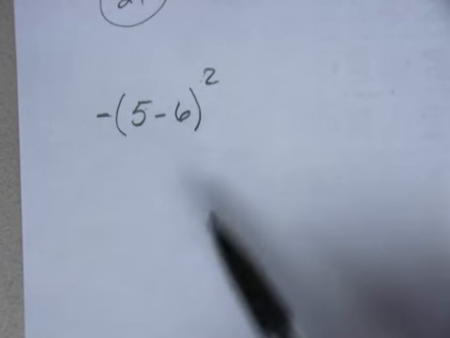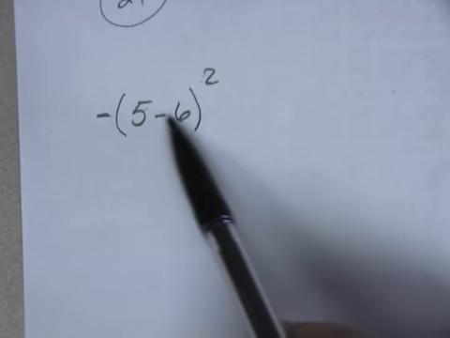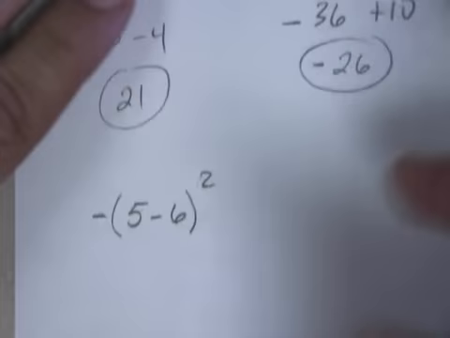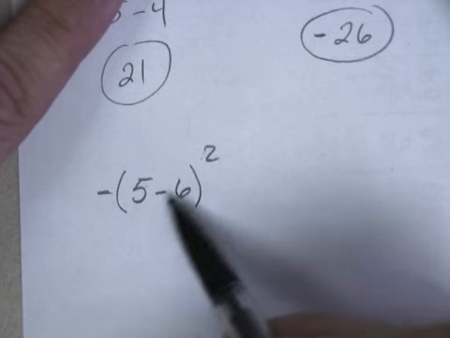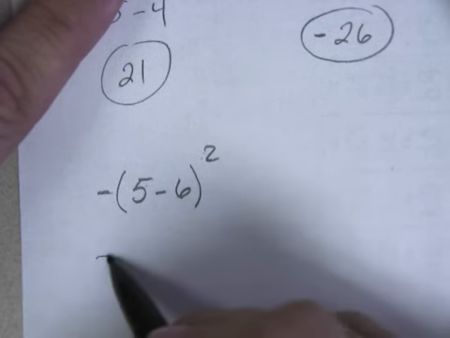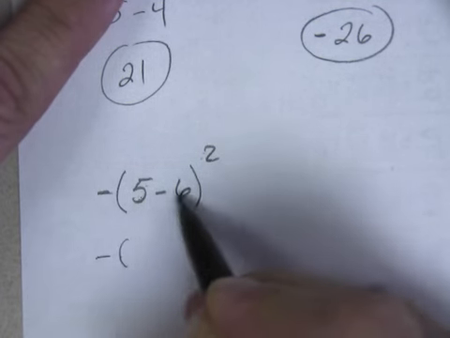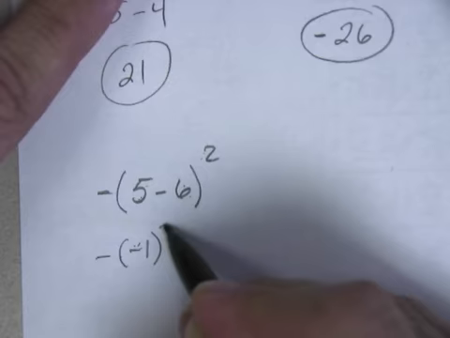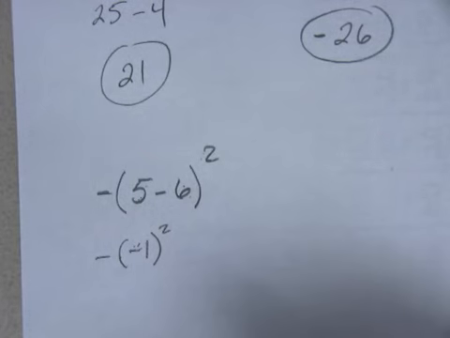Do we square the 5 and the 6? Or do we do inside the parentheses first? Well, let's look at the order of operations. The order of operations says do parentheses first. So we're going to ignore the exponent and just subtract. So we got negative 5 minus 6. The signs are different, so I subtract. So that'll be a negative 1. I keep the sign of the larger number. Bring down the 2. Bring down the minus out in front.